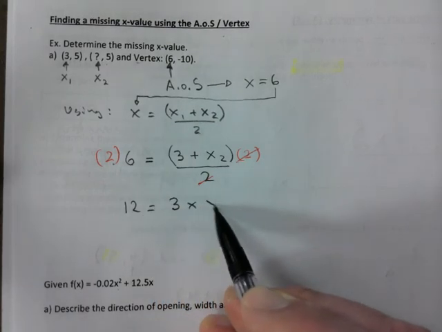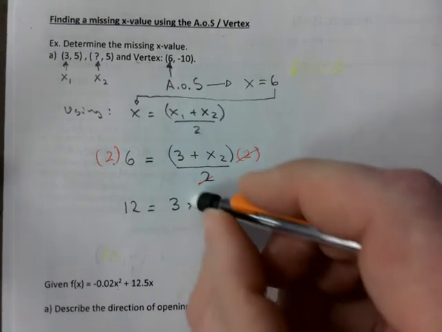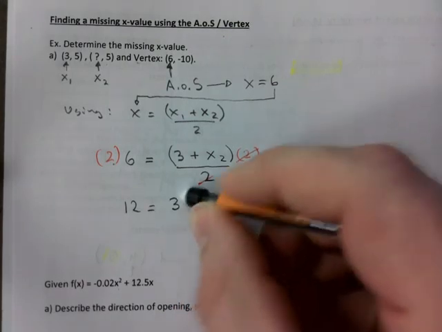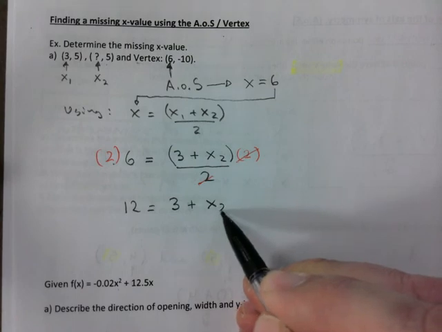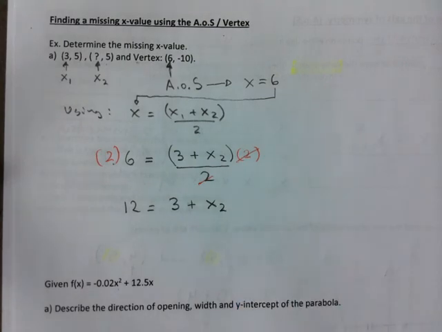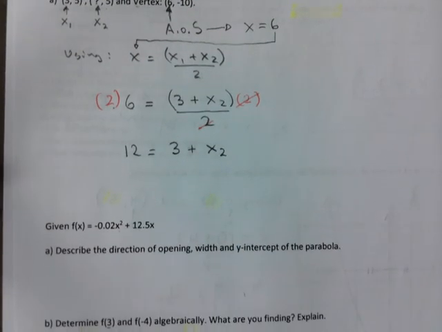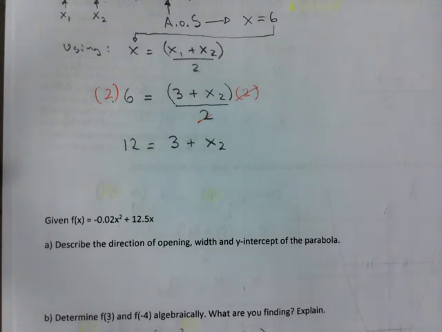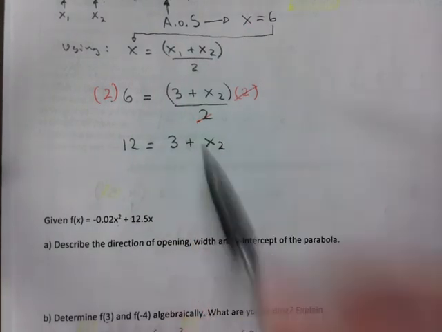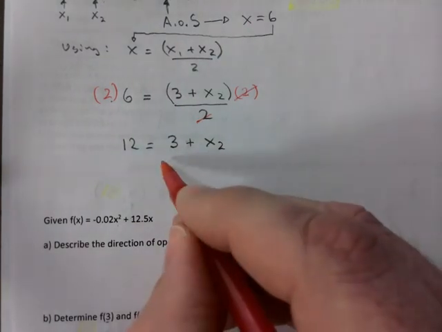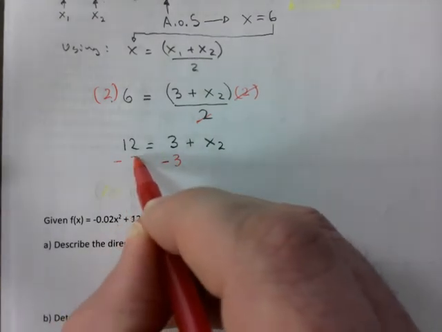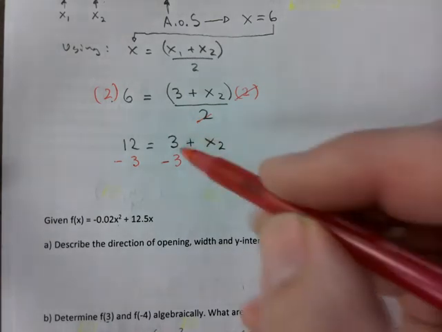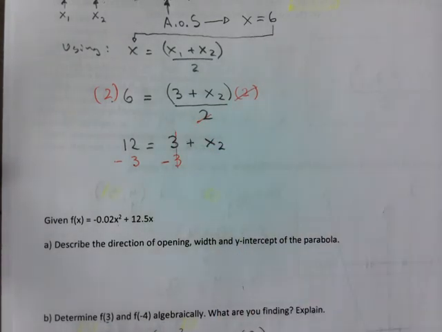We can now, sorry, that should be a plus, not a times. We can now just get rid of the brackets. We no longer need them because it's no longer being divided by 2, right? So then on this other side, we go minus 3. We want to cancel that out, because this gives you 0 in a sense.